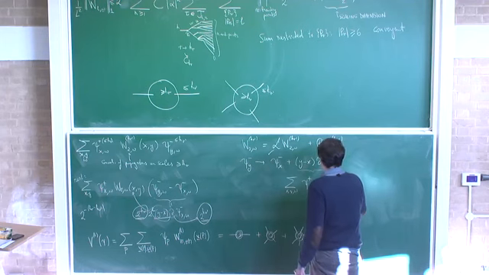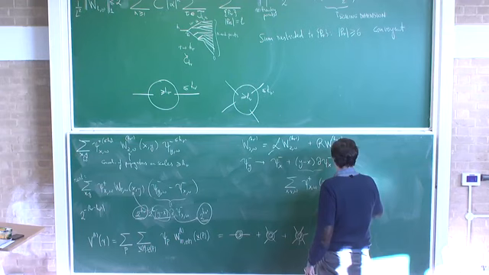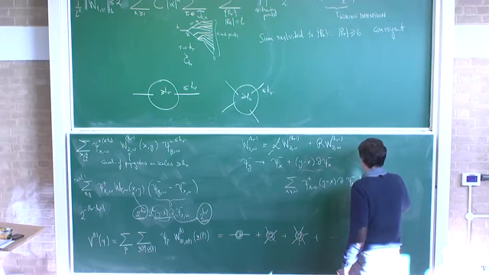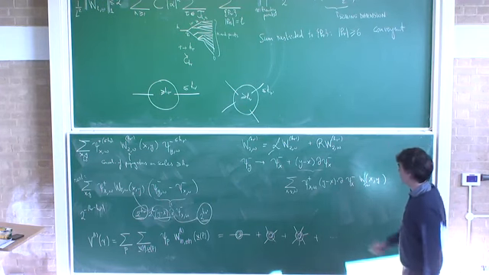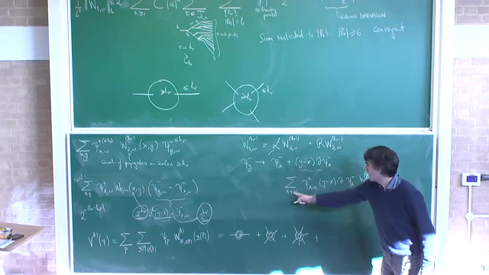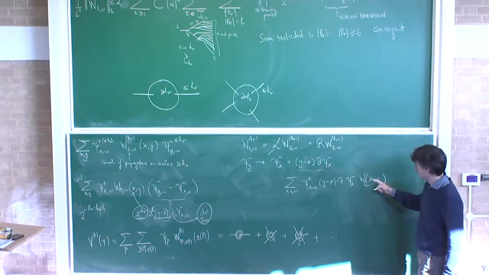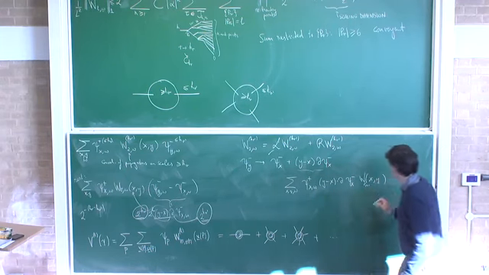This is y minus x times the derivative. Now see that y appears only here and here, since this is translation invariant.